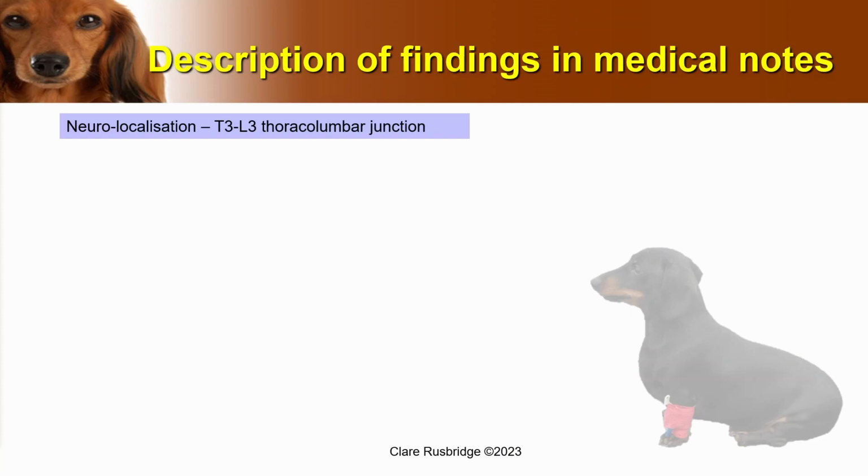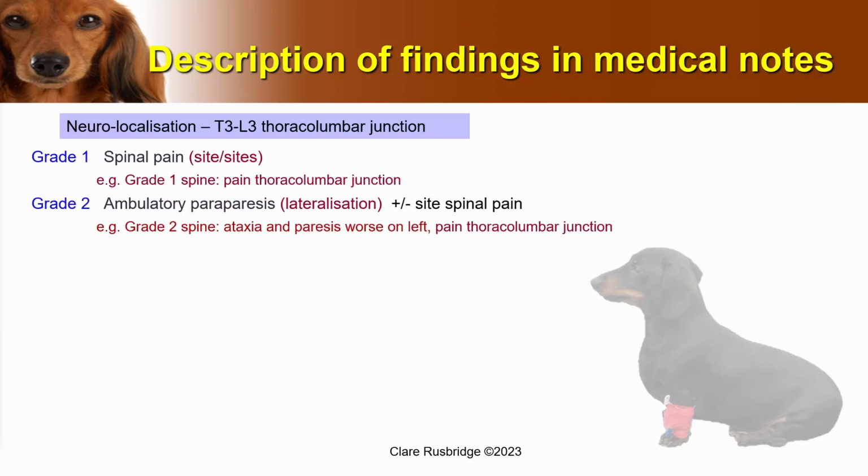So, supposing that you found a grade 1 spine, you might write grade 1 spine, pain at the thoracolumbar junction. Suppose it was grade 2, then you might write grade 2 spine, dog is ataxic and has paraparesis, which is worse on the left, pain at the thoracolumbar junction.